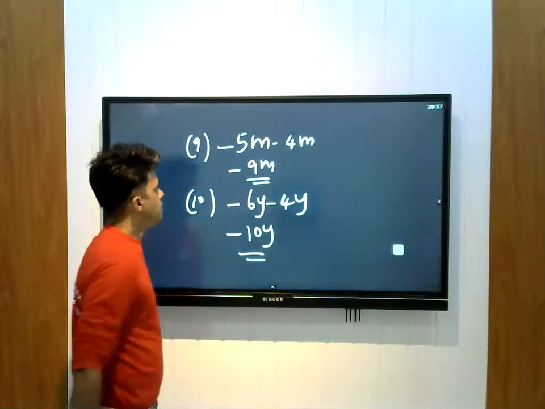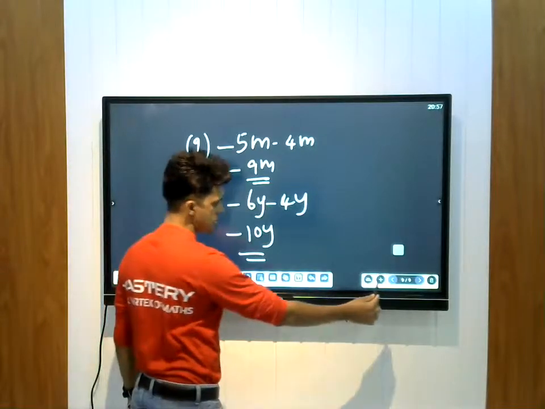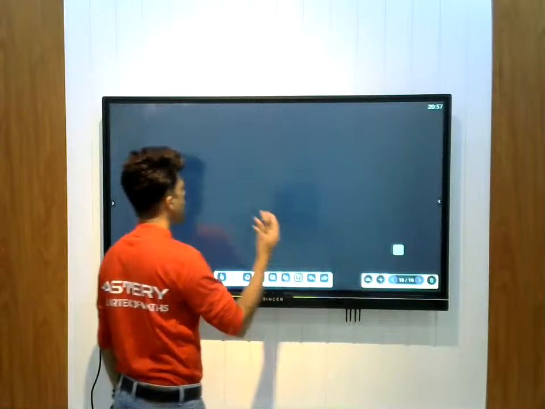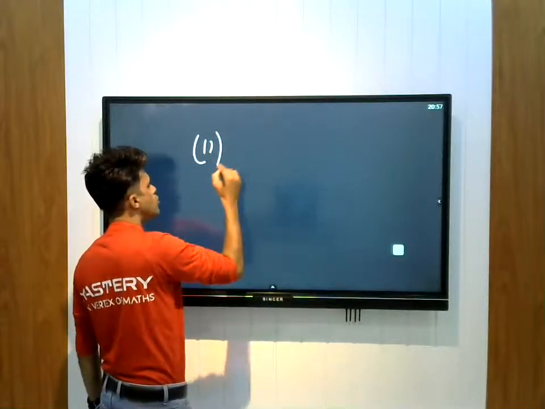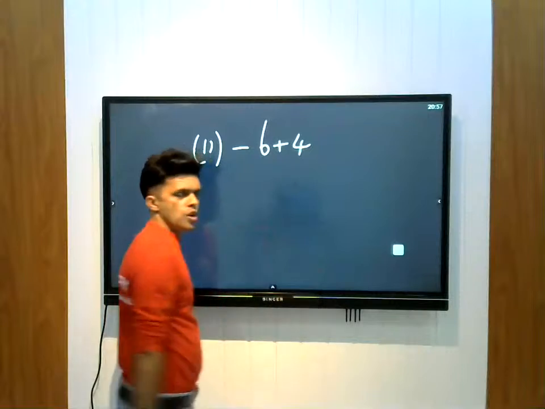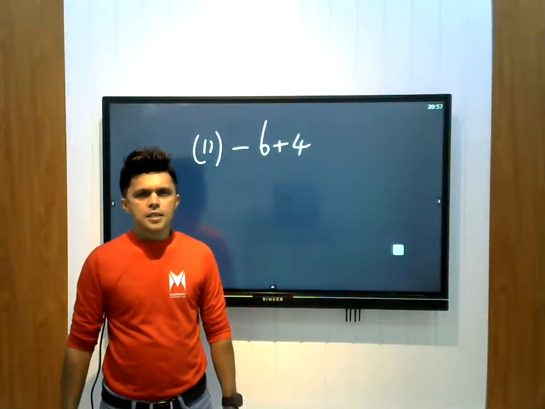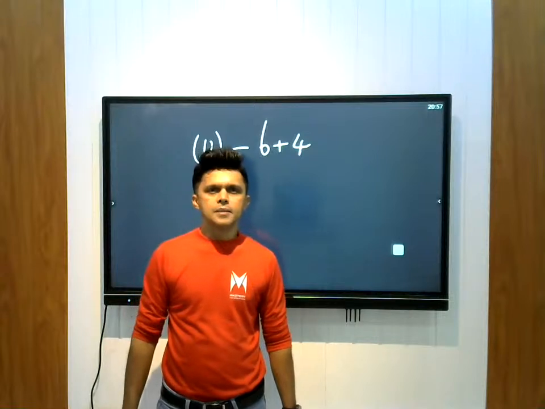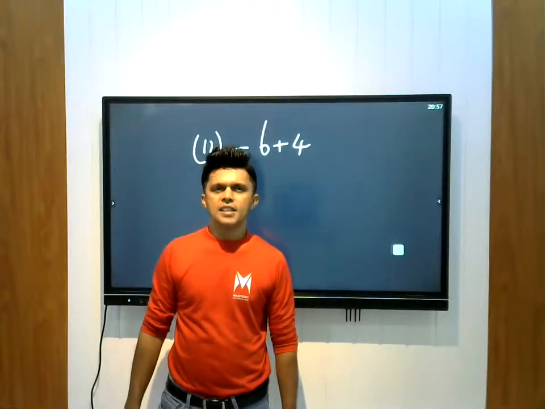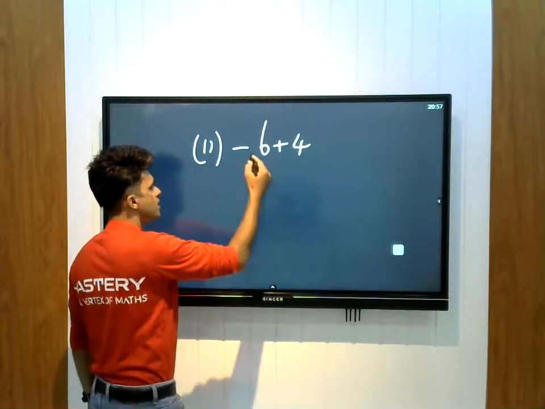Okay? I do believe that you are able to do these types of sums. So how can you do this type of one? Minus 6 plus 4. What should be the answer here?